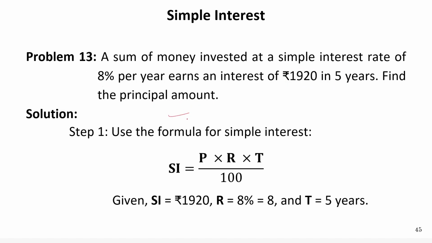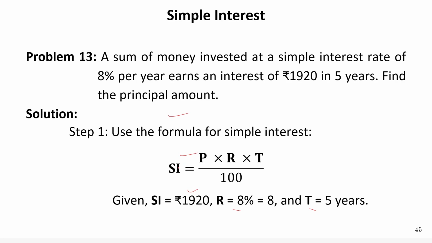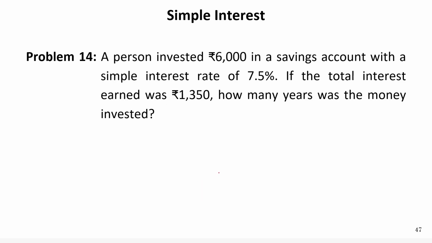Okay, so using the formula SI is equal to PRT by 100, since SI is given to us, this implies that P is equal to SI into 100 by RT, right? So SI into 100 by RT is equal to 1920 into 100 by 8 into 5. So this is equal to 192,000 by 40 is equal to 4800. So the principal amount is 4800.